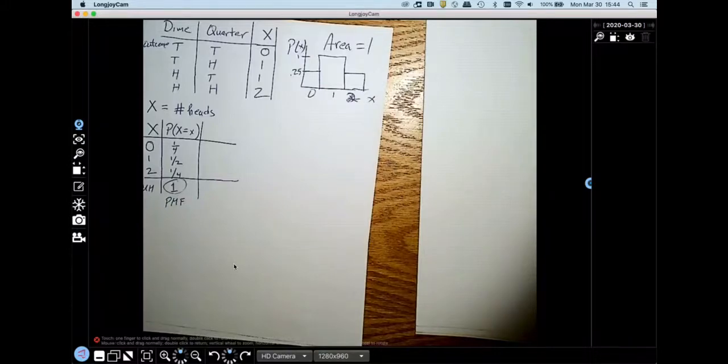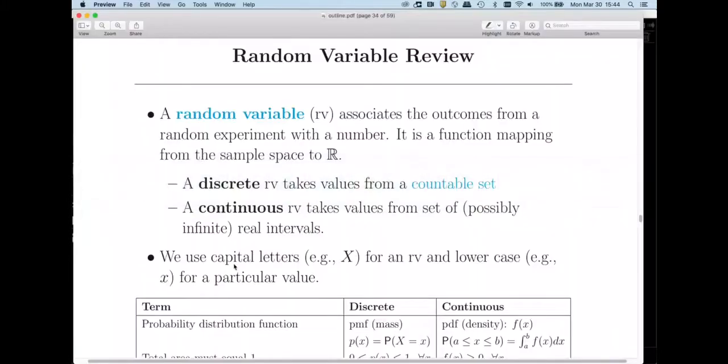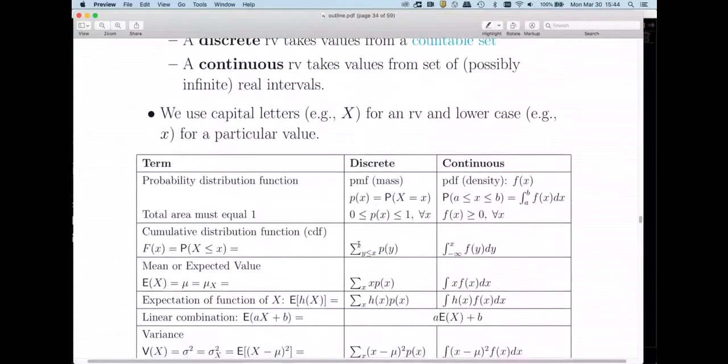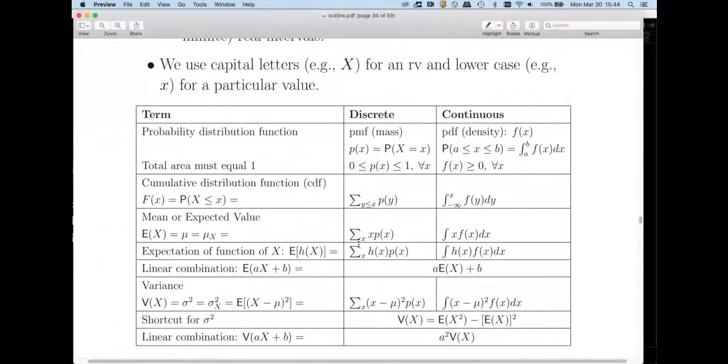All right, let's go back to the course packet for a second. In this table, I've summarized all the main results that you may care about with random variables. First, we have a probability mass function. In the case of a discrete random variable, it just gives us the probability that that value occurs.